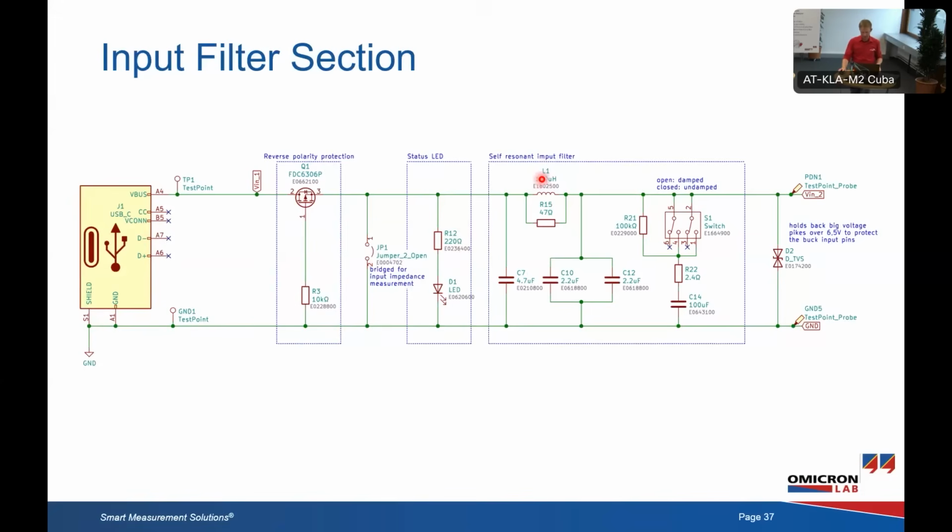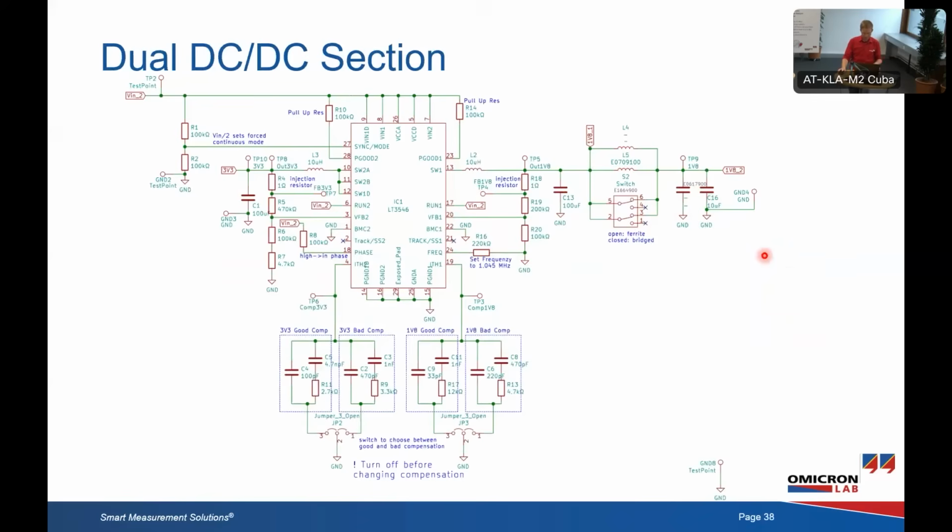And here we have the LC input filter and the damping capacitor and a switch to remove the damping capacitor or enable it. Then there is some overvoltage protection, because if the input filter oscillates, it can destroy our chip. The chip is a dual DC to DC converter, and let's look at only the 1.8 volt section.